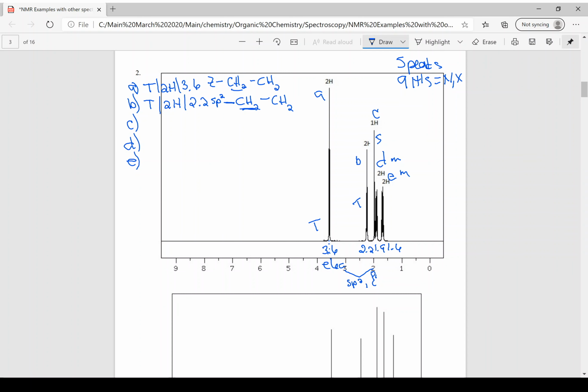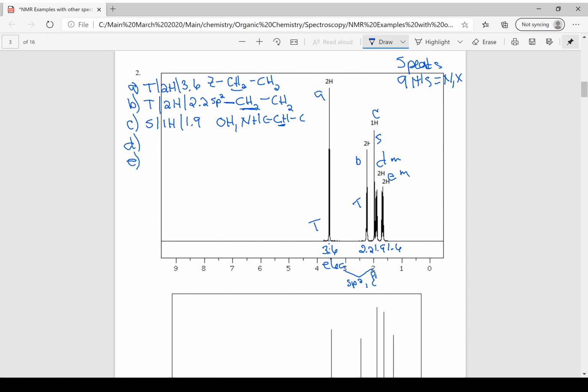All right, now a singlet integrating for 1 at 1.9. Singlets are always interesting, but 1 proton integrating is very interesting because more likely than not, it's going to be a heteroatom, an NH, an OH, or it could be a CH completely isolated from everybody.